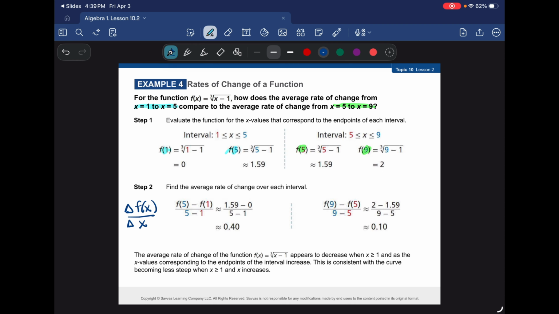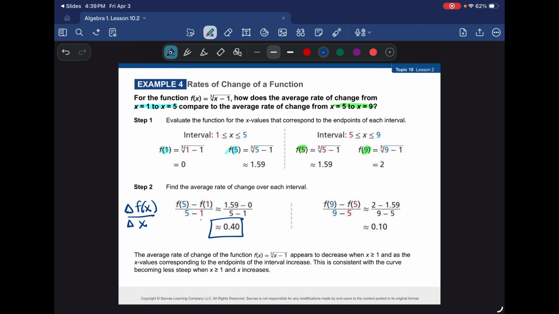I like to write it different ways. So the change in our output over the change in x. That means we're going to take our second output and subtract the first output, divide it by the second input minus the first input. If we substitute our numbers, we get an approximate average rate of change for the first interval.